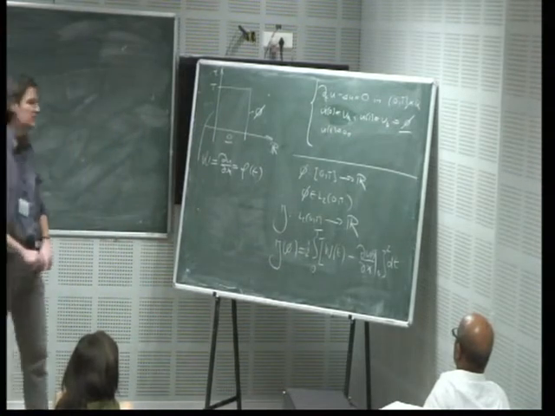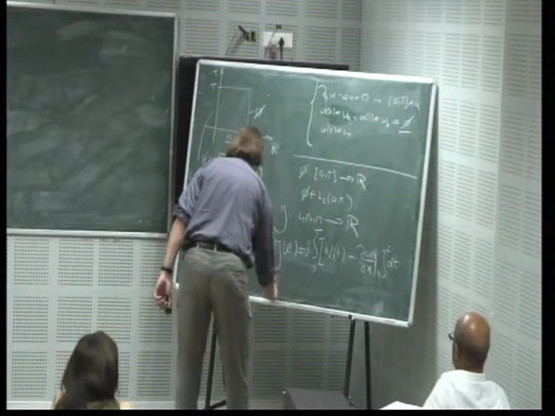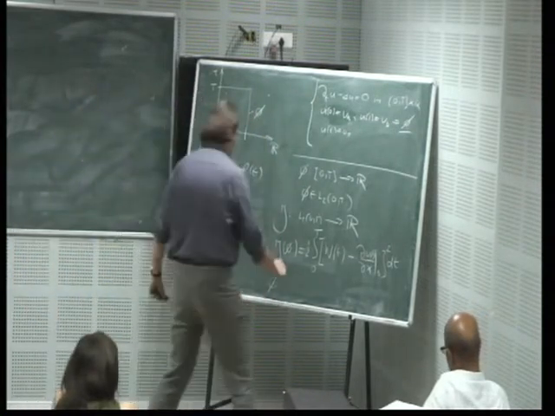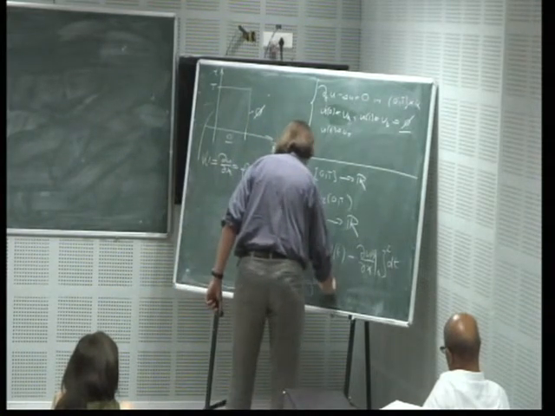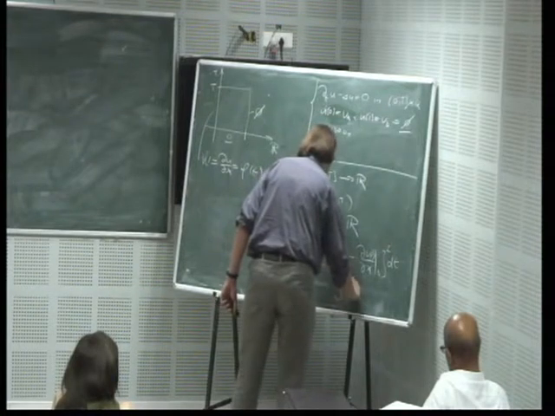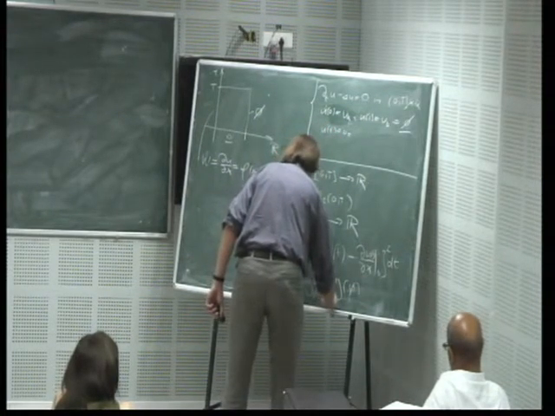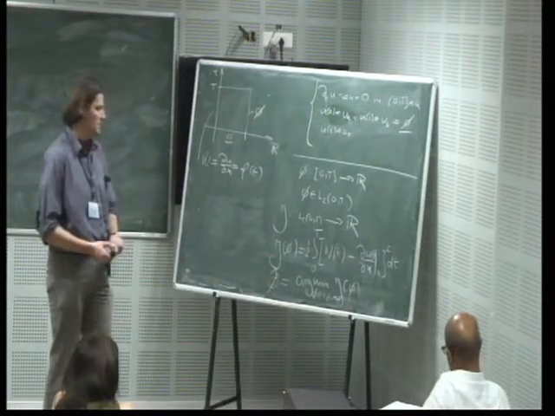This solution u depends on our control phi. So our optimal control, I'll define as phi hat, will be the argmin of J(phi) for phi in L2(0,T).